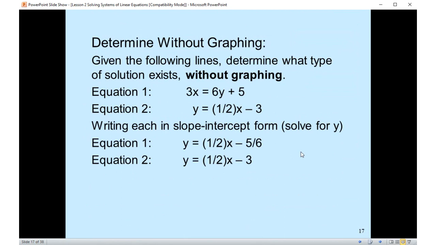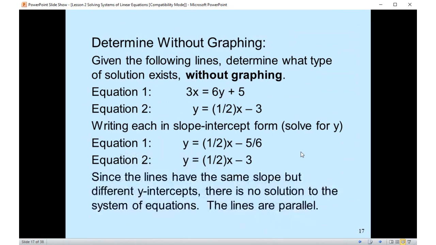They have the same slope and different y-intercepts, so that means they're never going to cross. The lines are parallel. Let's move on to the next one.